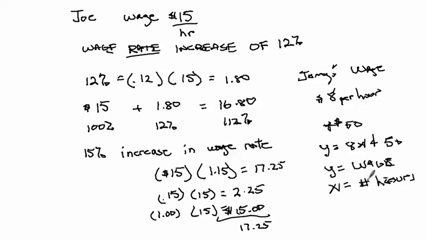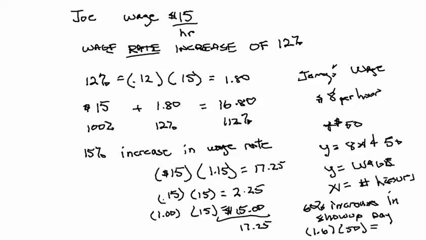So let's say that we had like a 60% increase in show-up pay. So in this case, we're not going to look at his hourly rate, we're just going to look at the show-up pay. So we would simply go 60%, or we would multiply that 50 by 1.6. 1.6 times 50.